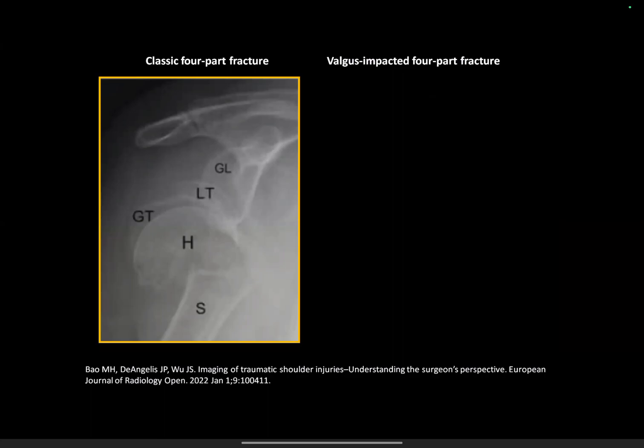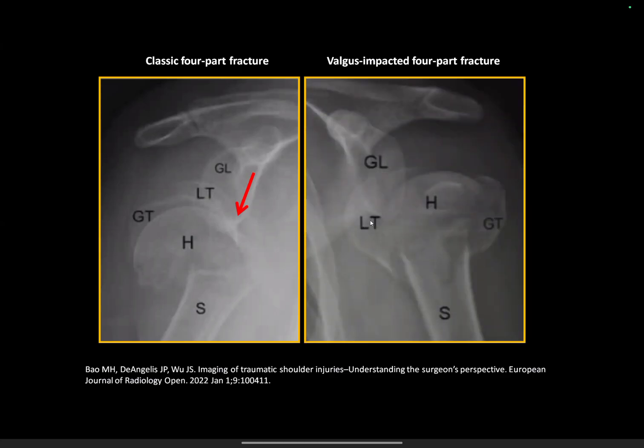This is a comparison between the four-part classic Neer classification fracture. Again, as you can see, there is involvement of the articular space with intra-articular extension, whereas in the valgus impacted, the articular surface is quite preserved, making the prognosis better than the classic four-part Neer fracture.